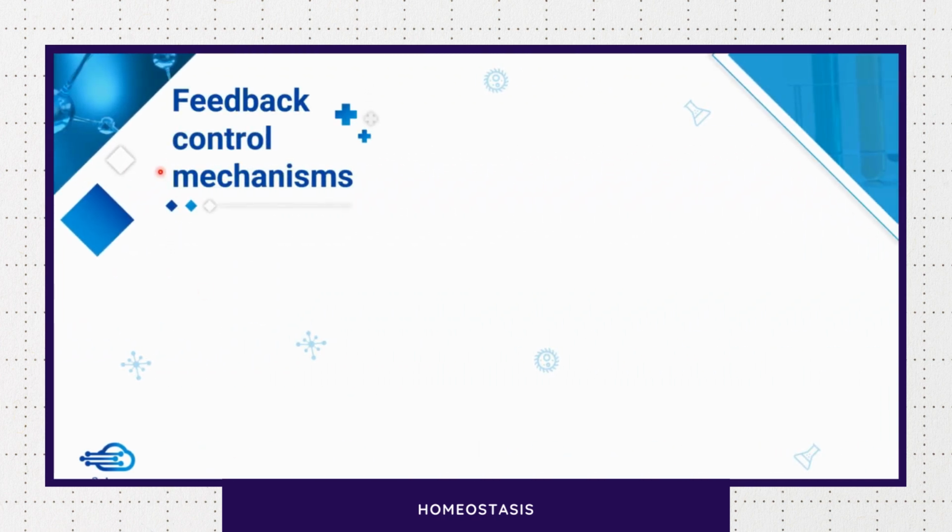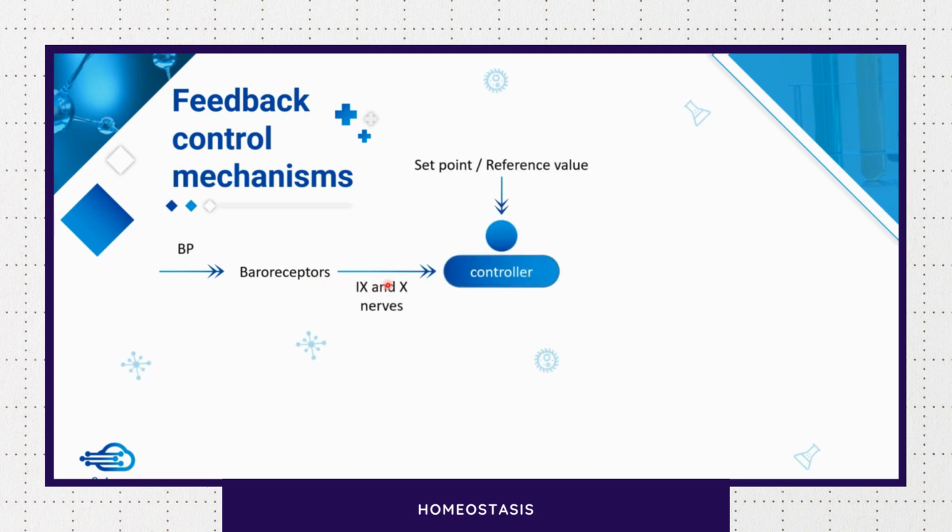So let's take an example of the system which we have discussed. Let's talk about blood pressure. Whatever the current value of blood pressure is, it is detected by the sensors, that is the baroreceptors. Then from the baroreceptors via the 9th and 10th cranial nerves, which act as afferents, the information is conveyed to the controller, which in this case is the medulla.